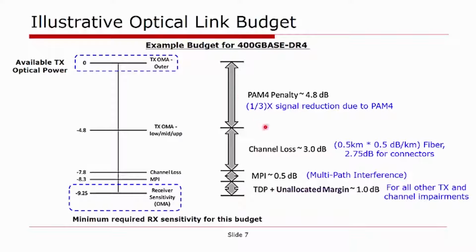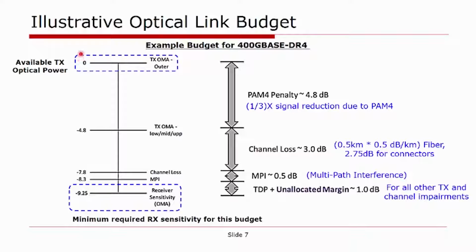Adding up all these impairments and subtracting them from the available transmit power gives us the minimum receiver sensitivity, or the minimum power our receiver needs to be able to resolve in order for the link to operate reliably, which in this case is a little over -9 dBm.